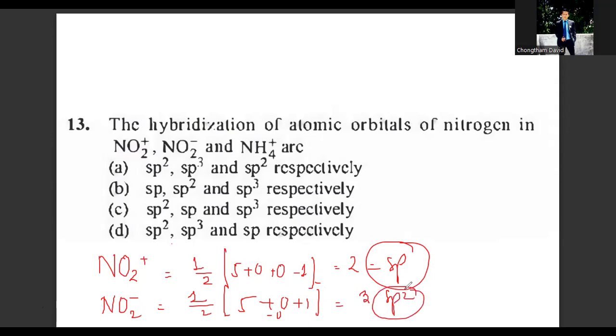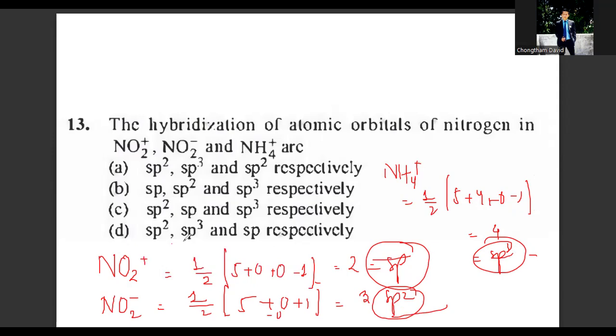In the case of the ammonium ion, NH4 plus, half of 5 plus 4 plus 0 minus 1, so it would be 4, sp3. So for question number 13, the answer is sp, sp2, sp3. I hope it is clear.